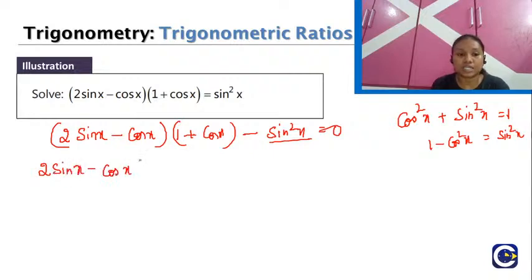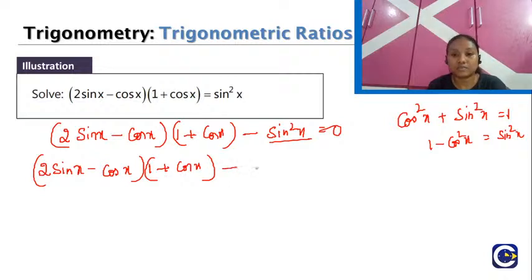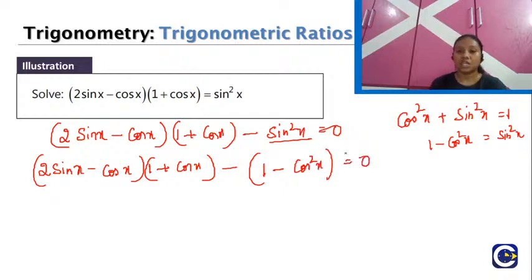So 2 sin x minus cos x into 1 plus cos x, minus, in place of sin square, what I'll be writing? 1 minus cos square x using the standard identity. So here, this 1 I can write as 1 square. Then it will be 1 square minus cos square x, which is in the form of a square minus b square, which is equal to a plus b into a minus b.